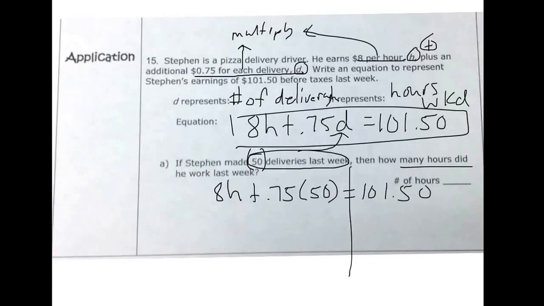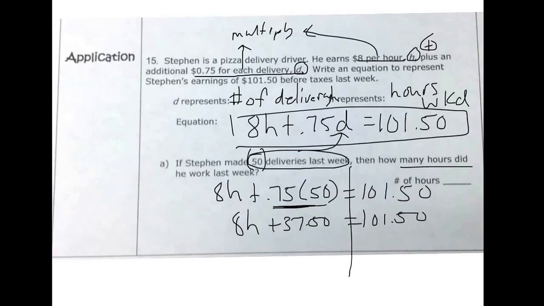I draw my line down. I look at the left side and the right side for simplification. This has to be simplified. So 8 hours, take my calculator, 0.75 times 50 is 37.50 equals 101.50.